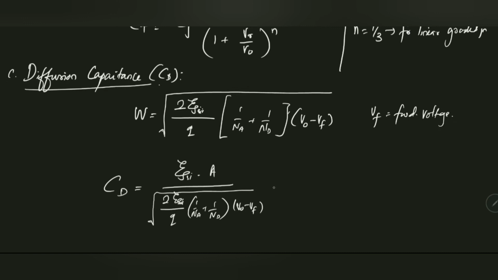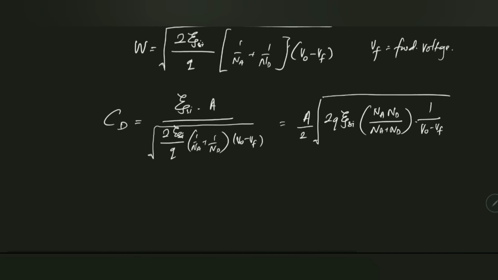Simplifying the same way, I take A divided by 2 outside, and we are left with 2q epsilon Si Na Nd divided by Na plus Nd into 1 divided by V0 minus Vf.